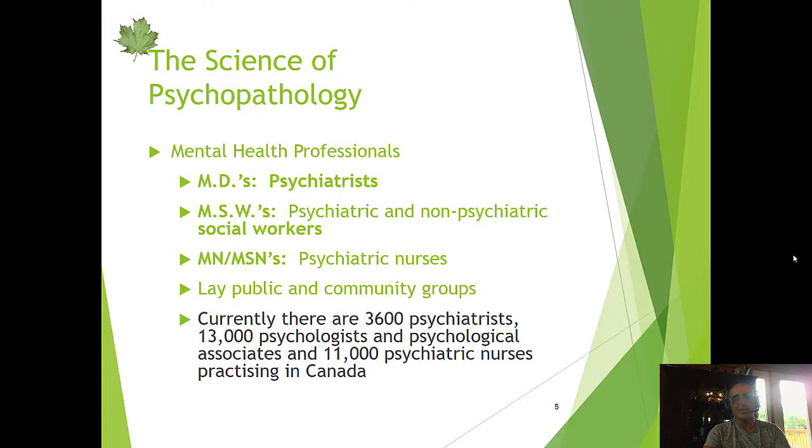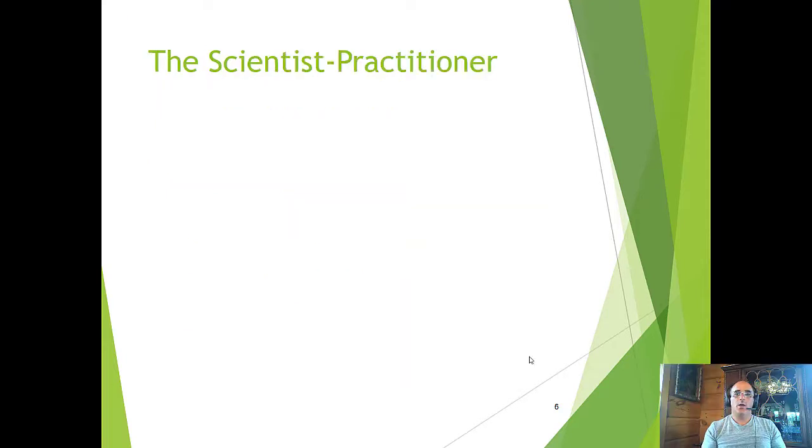In Canada, there are currently approximately 3,600 psychiatrists and about 13,000 psychologists and psychological associates, and 11,000 psychiatric nurses that practice within Canada.